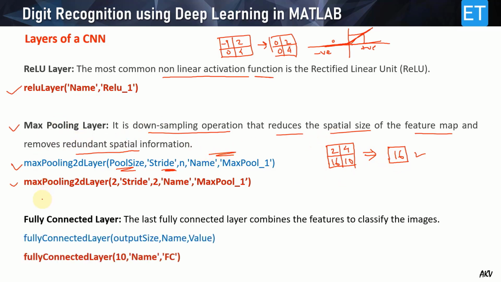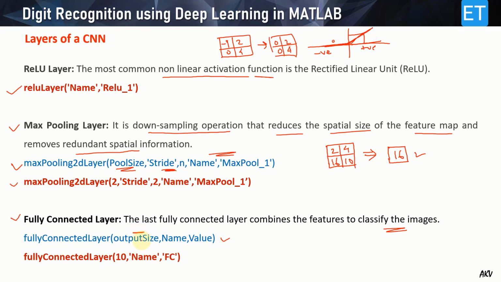And after that I have the fully connected layer. It is important. Fully connected means all neurons of this layer are connected to all neurons of the previous layer. This fully connected layer combines the features to classify the images. This is its general syntax in the blue.